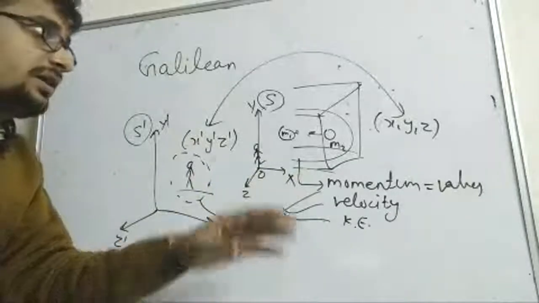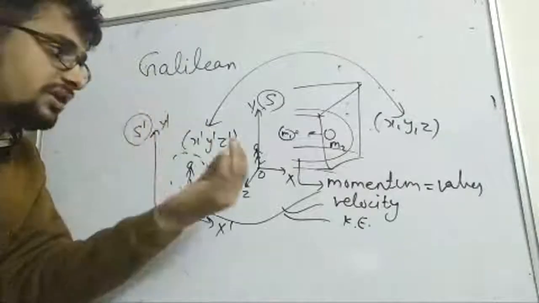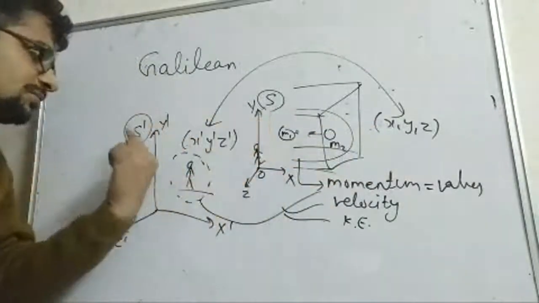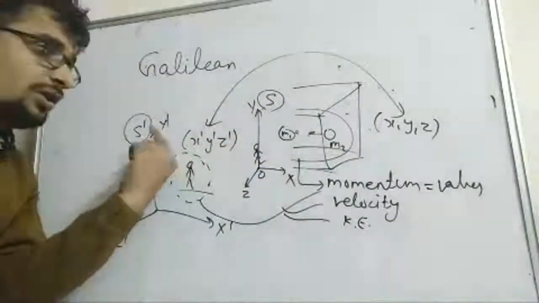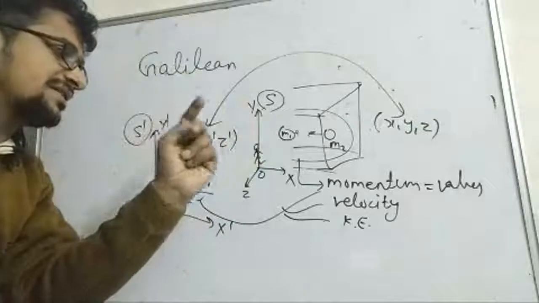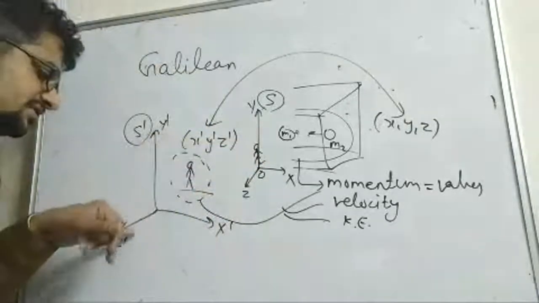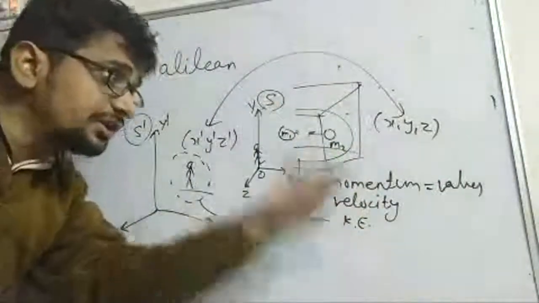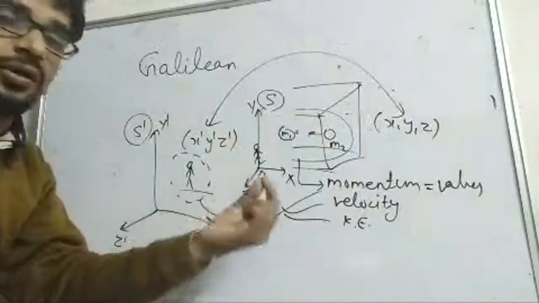I mean to say, the scientist Galileo gave a relationship between these sets of coordinates of two systems named system S and system S dash, which are two frames of reference, x, y, z and x dash, y dash, z dash, for the same physical quantities related to the collision phenomenon. Got my point or not?